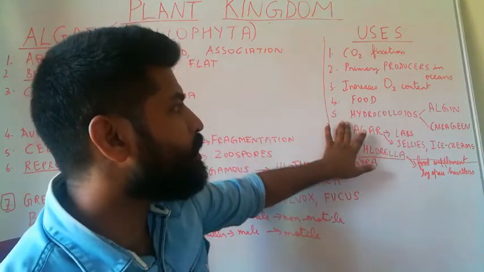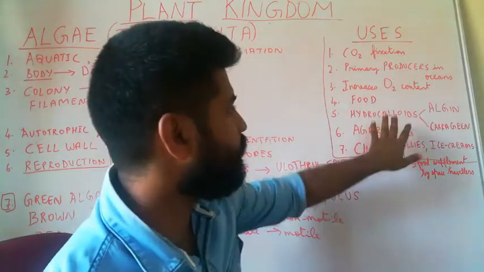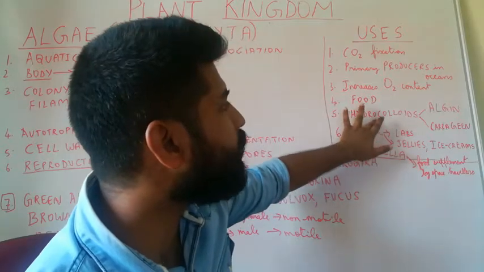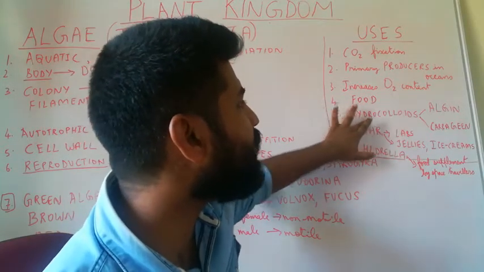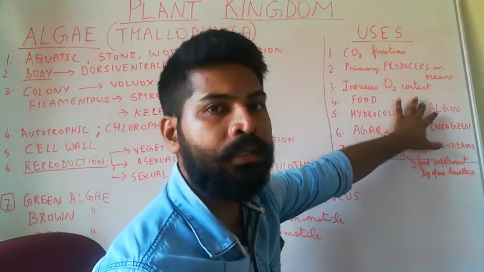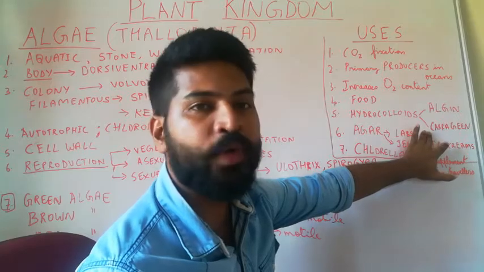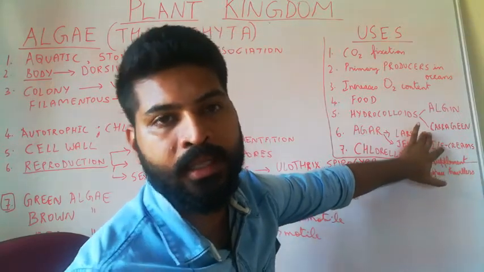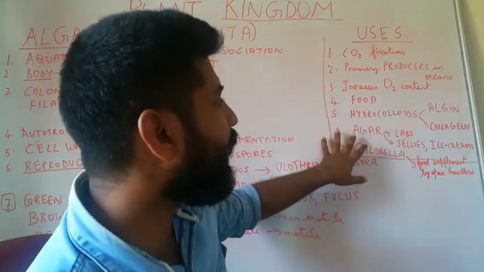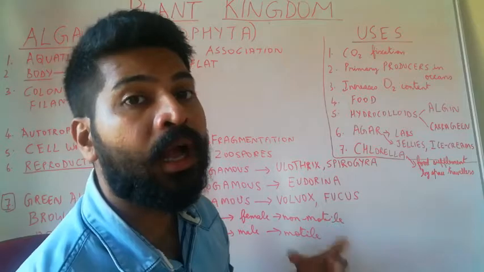Algae produce certain substances called hydrocolloids. These are substances that are able to hold water. Colloids that can hold water. Example, algin produced by brown algae and carrageen produced by red algae. These are commercially used. Not only that, there is another commercial product called agar-agar.